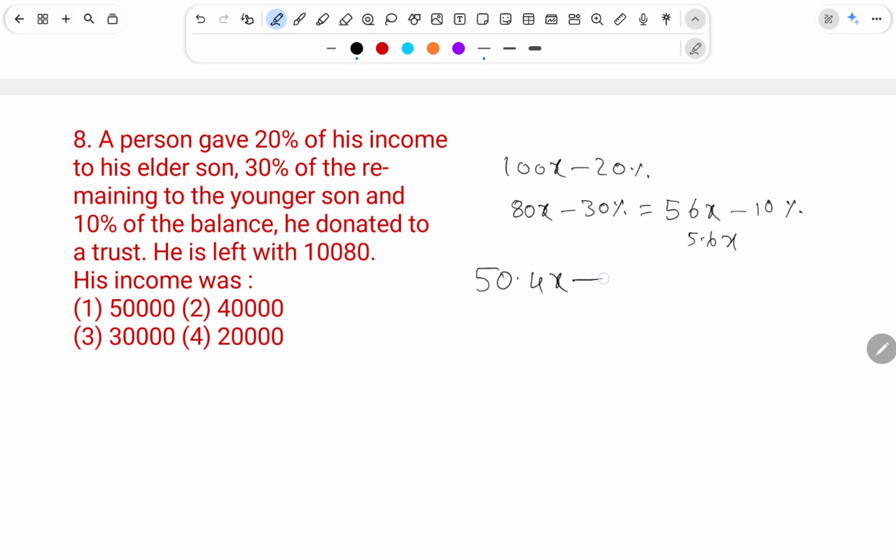50.4x is what he is left with. According to the parts, it is 50.4x, and according to the number, it is 10,080. Then his income is 100x. Now let it be 504. 504 2s is 1008, but a decimal is there.